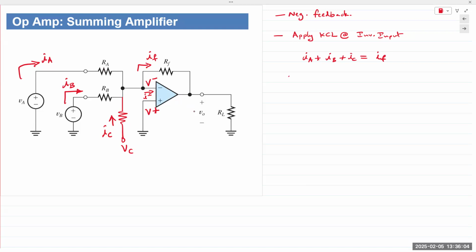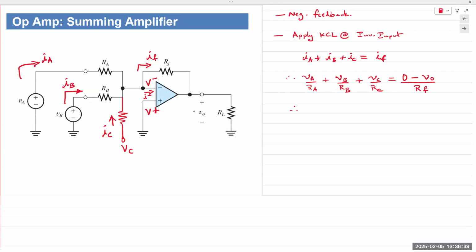IA can be written directly as VA over RA, plus VB over RB, plus VC over RC. And IF can be written as V minus minus VO divided by RF. V minus is at virtual ground, so we can write it as 0 volts.